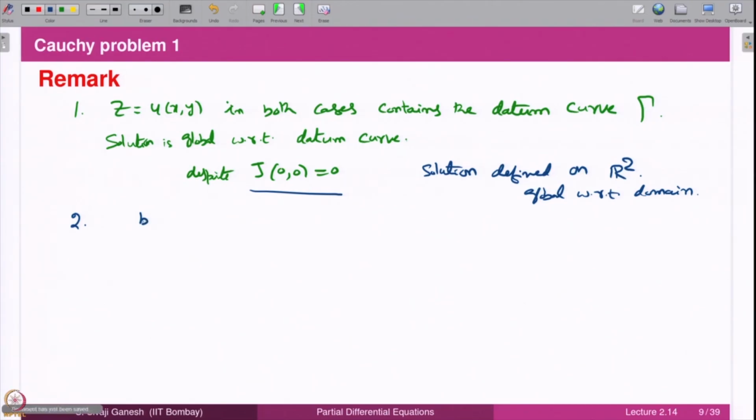distinct base characteristics do not intersect.